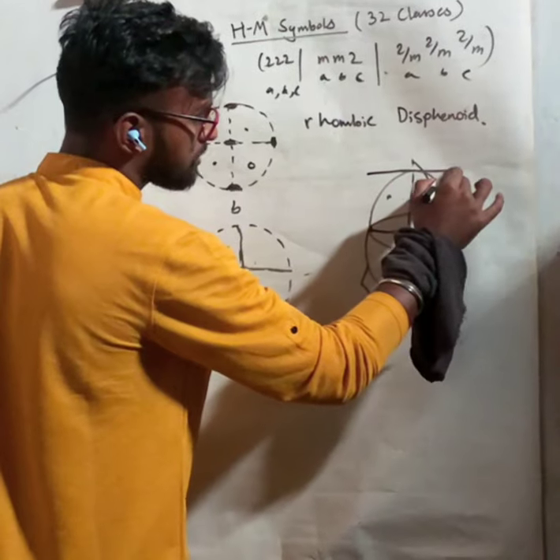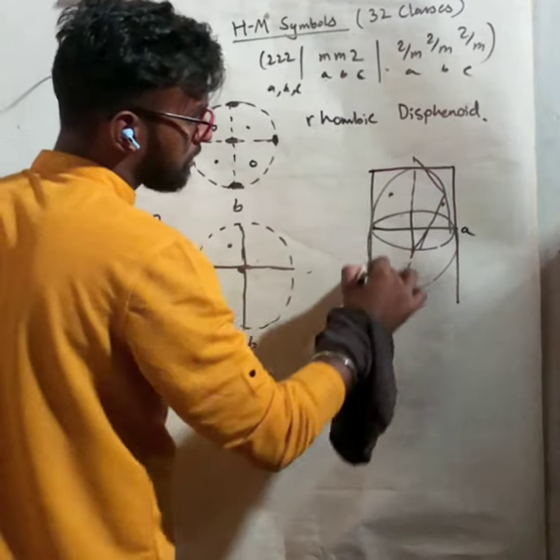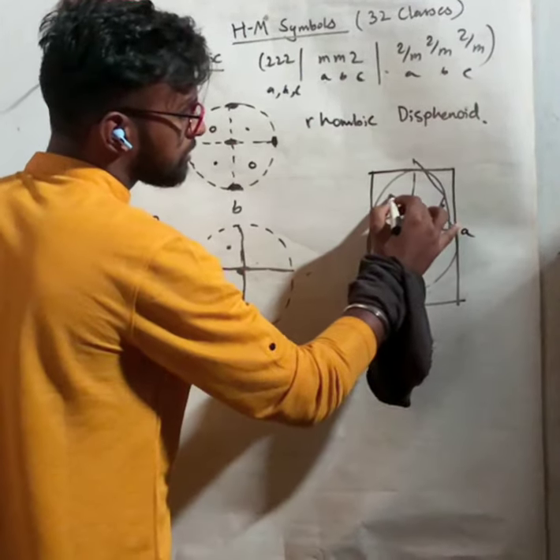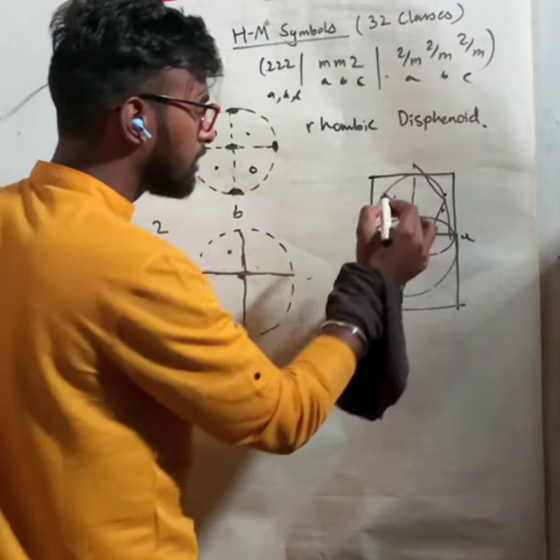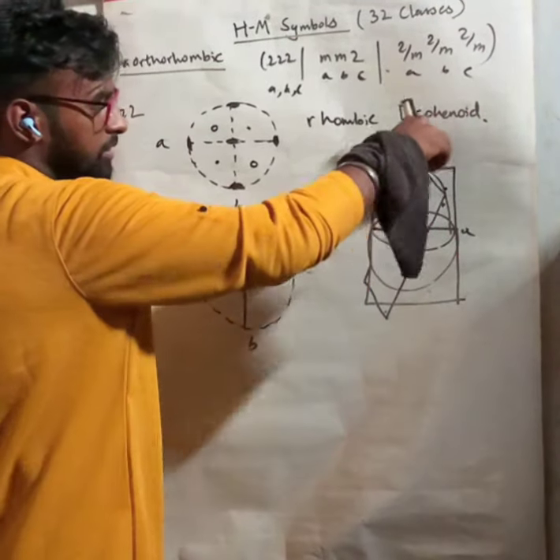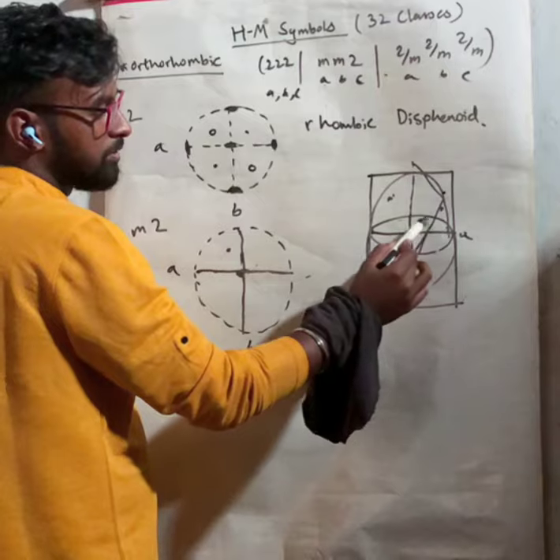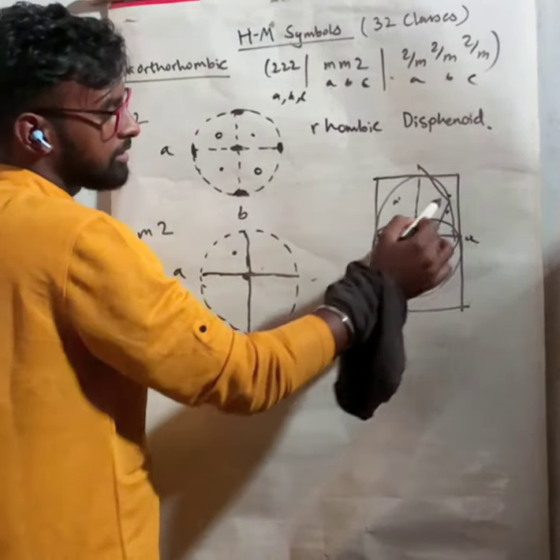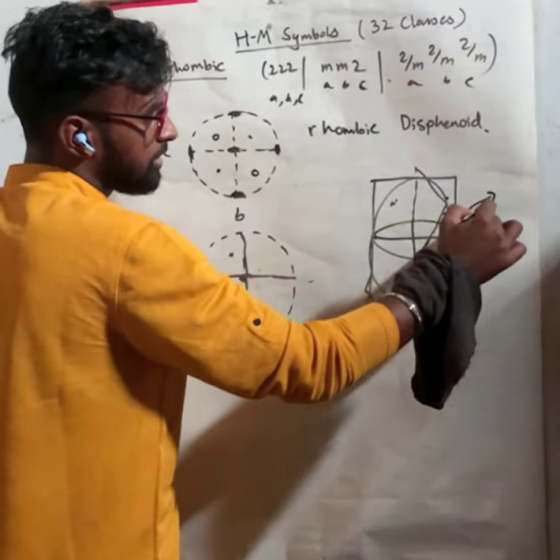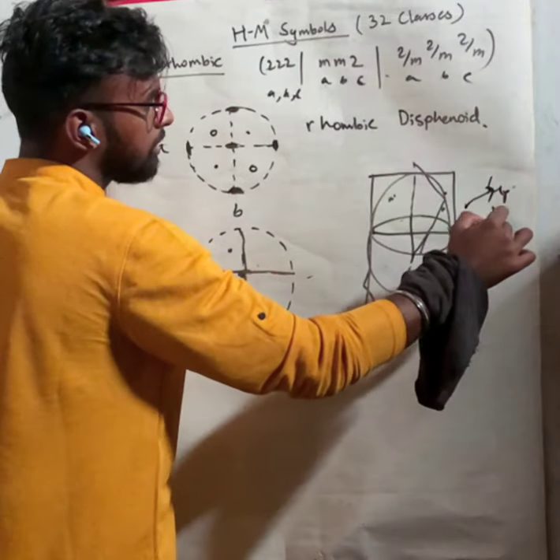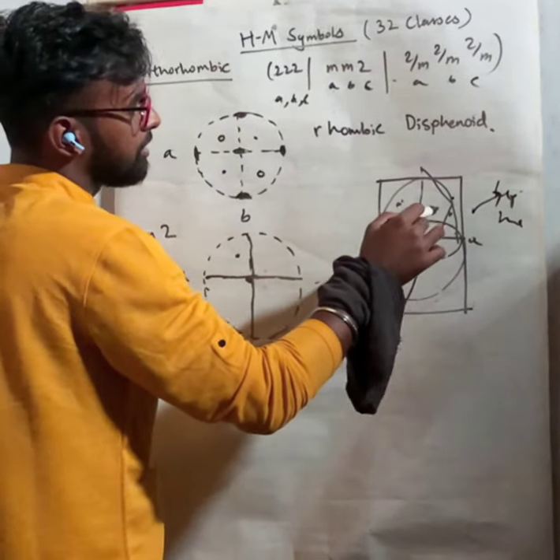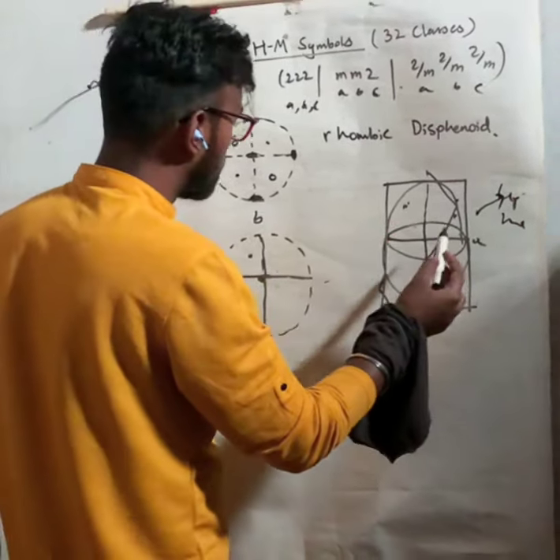So we have cross-cutting mirror planes. This will also have its projection here and on this side of the hemisphere. Because all four lie in the upper hemisphere, we will denote them similarly.